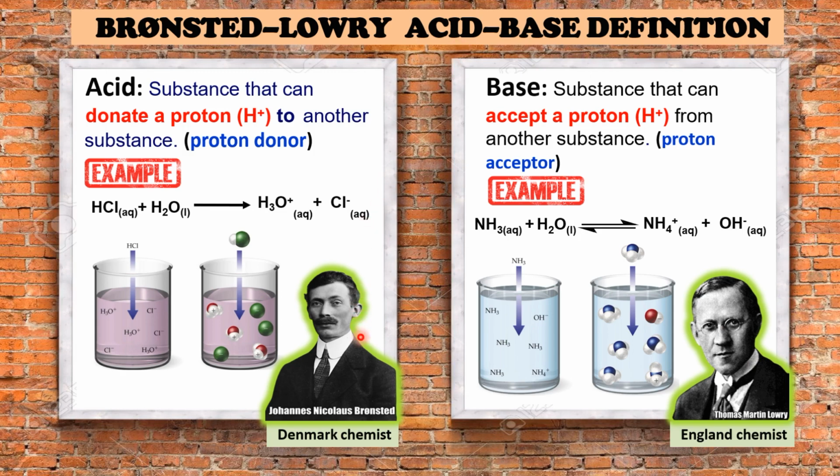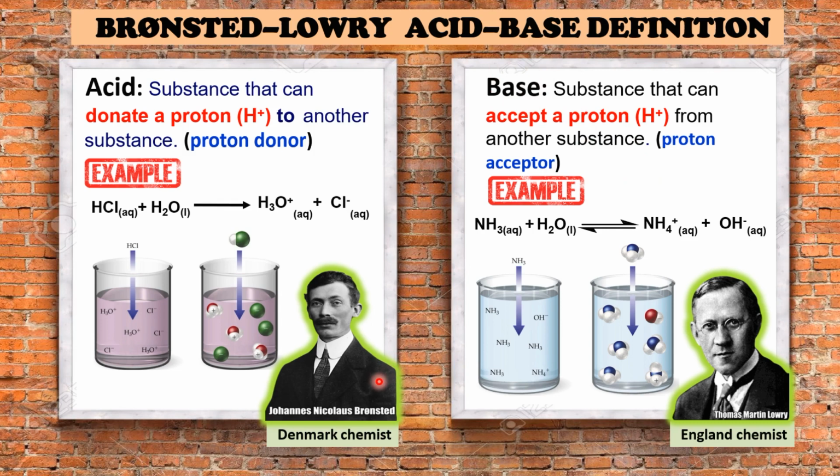According to Bronsted-Lowry, an acid is a substance that can donate a proton to another substance. An acid is also known as a proton donor. According to this theory, a base is a substance that can accept a proton, H+, from another substance. So we can conclude that a base is a proton acceptor.